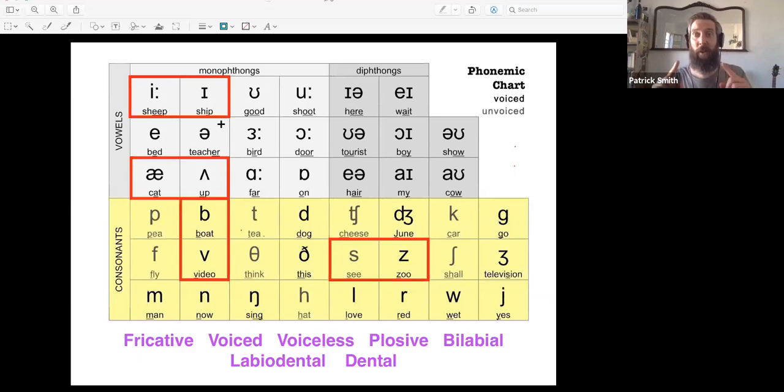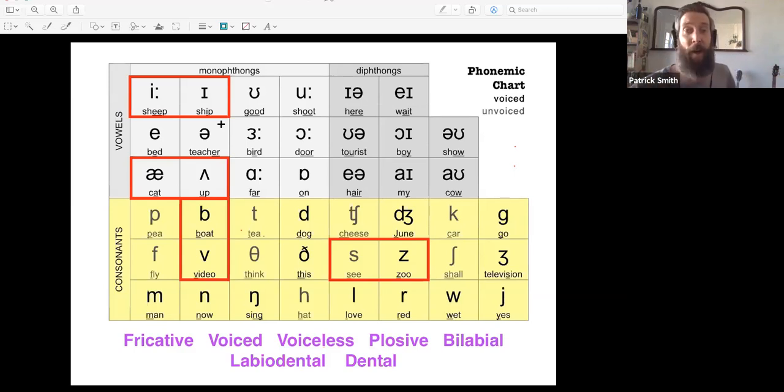If you pay attention, you can also see, although it's probably difficult with my beard, that there's a bit of a smile when you do it. You have to pull your cheeks back a little bit. So instead of saying ship, it's sheep, and it's slightly longer. Basically it's the same sound, just a little bit longer.